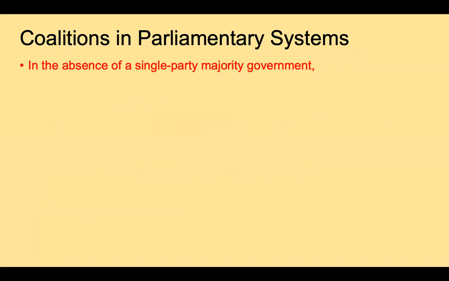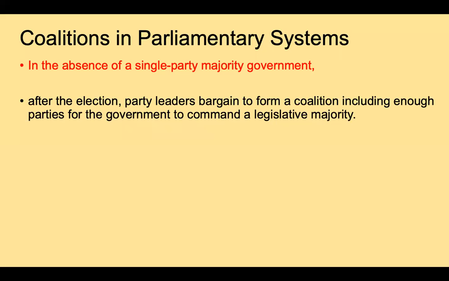So where a single party majority doesn't exist, the party leaders come together and bargain to form a coalition that includes enough parties to command a legislative majority. And so this is a game of really a game of cat and mouse. It's a game of horse trading.